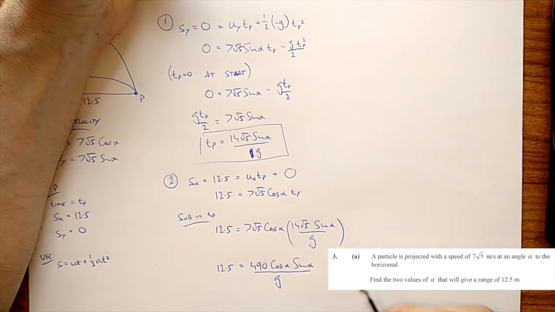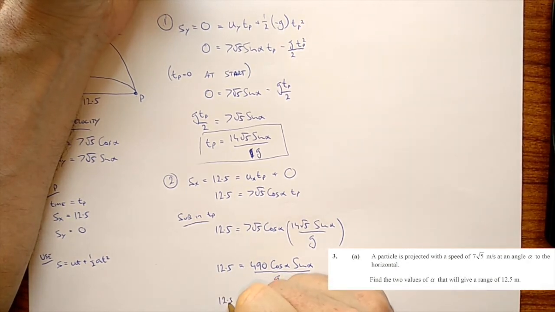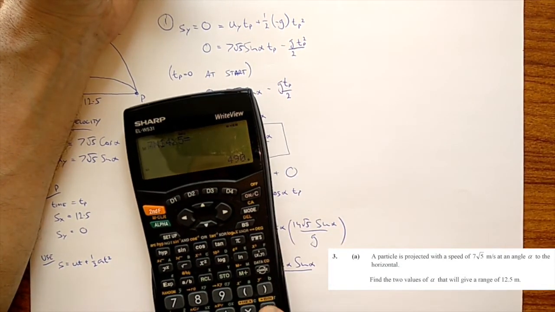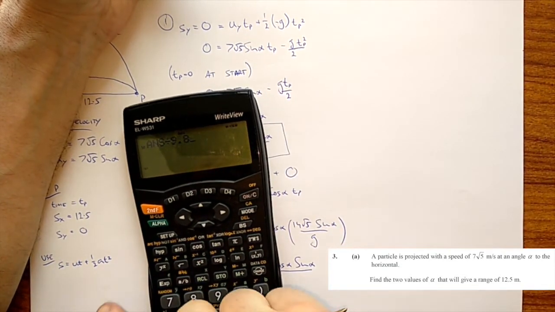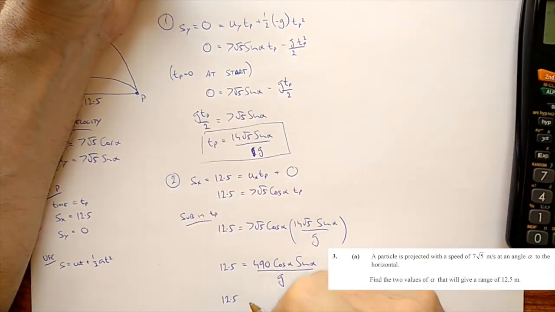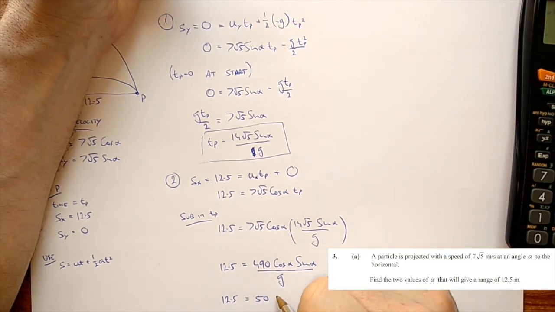Now, the eagle-eyed amongst you will notice that 490 is rather related to g. So we can sort this one out nice and tidily. 490 divided by 9.8 is 50. And then it gets better and better, because of course 50 and 12.5 have a nice relationship themselves. Cos alpha, sine alpha.